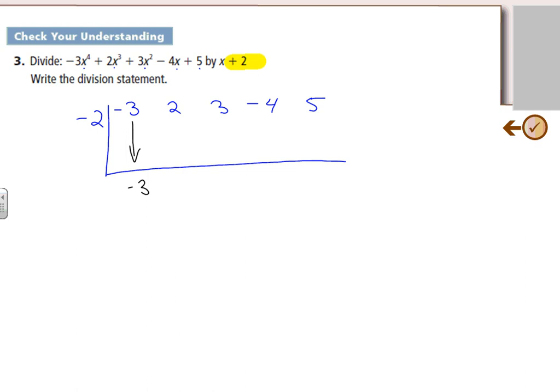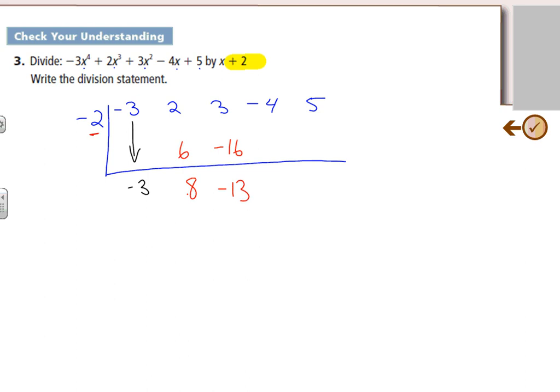Negative 2 times negative 3 gives us positive 6. And add. 2 plus 6 gives me 8. Negative 2 times the 8 gives me negative 16. Add 3 plus the negative 16, negative 13.